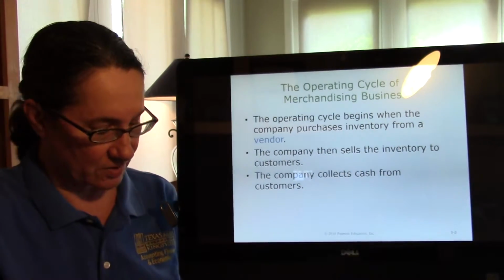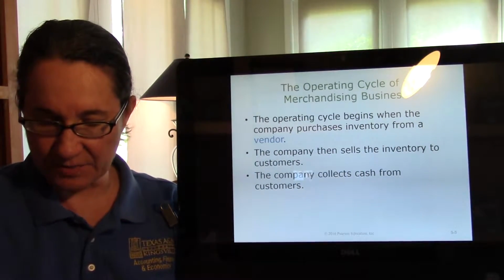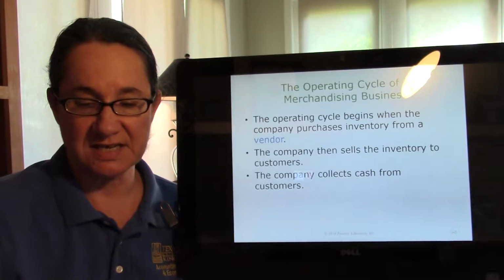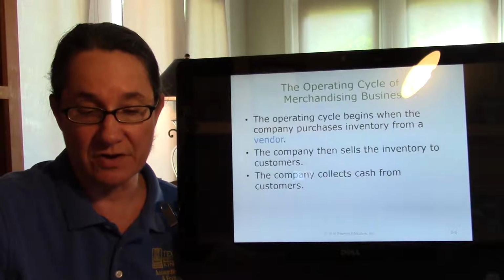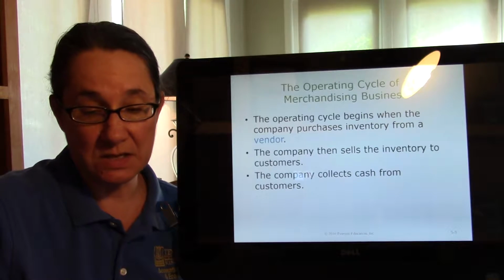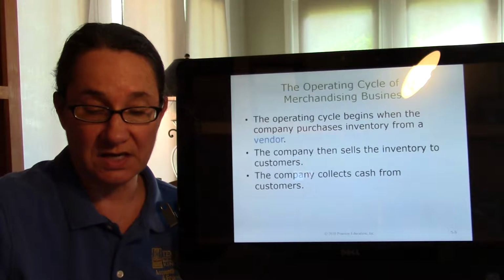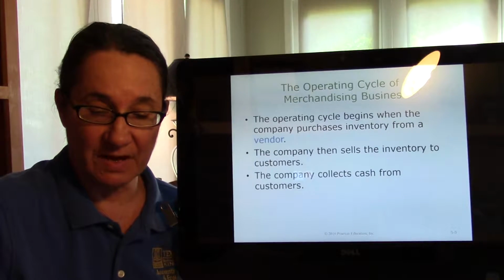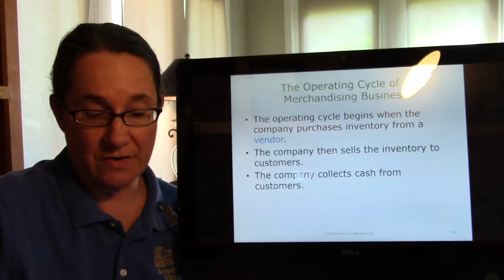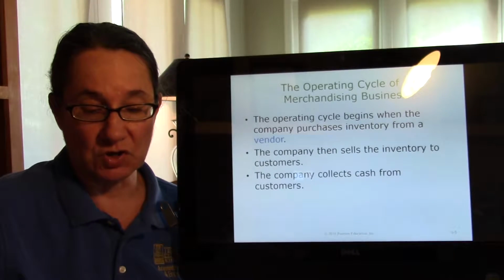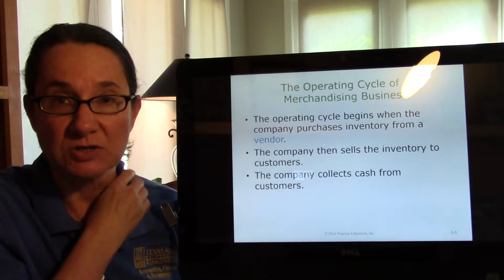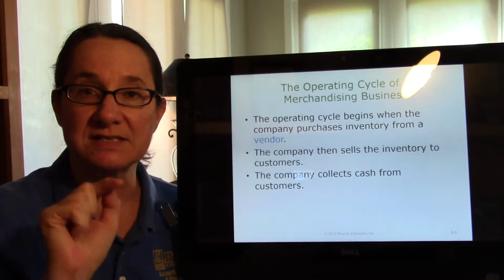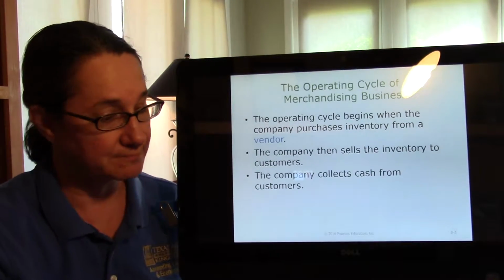The operating cycle. The operating cycle has three main steps. A company purchases inventory from a vendor. The company sells the inventory to a customer, and the company collects cash from customers. A vendor is an individual or a business from whom a company purchases goods. So remember, a purchase from a vendor, a sale to a customer.